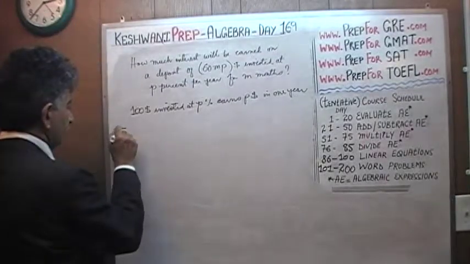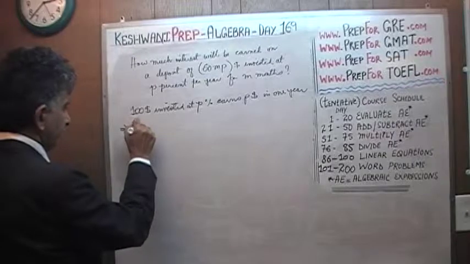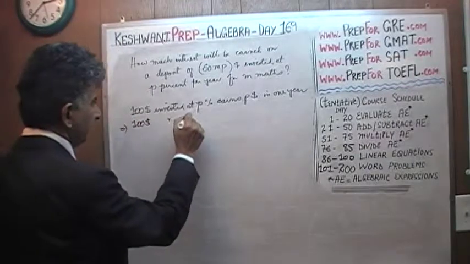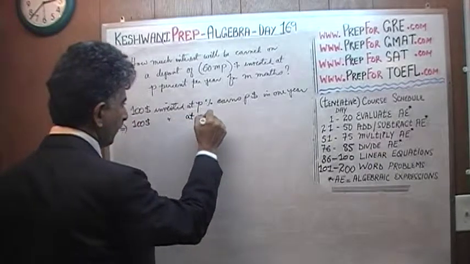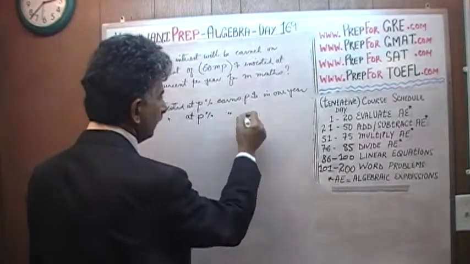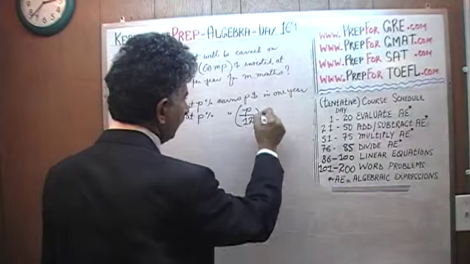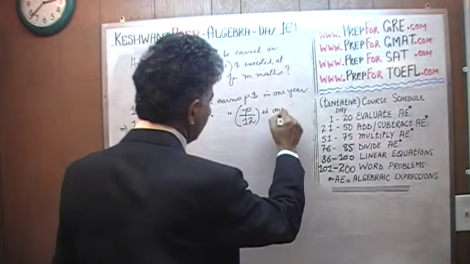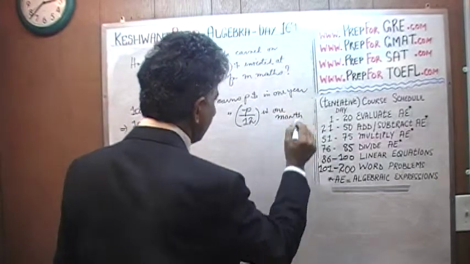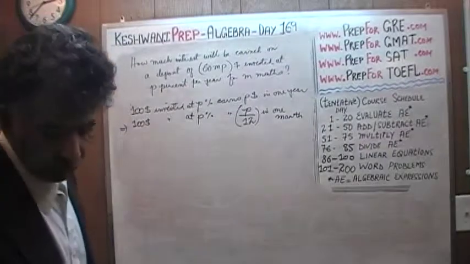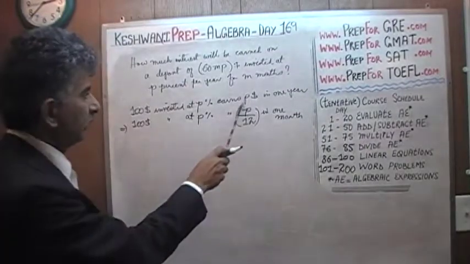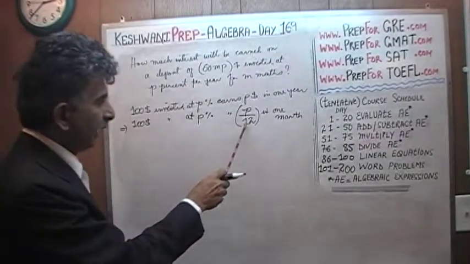That implies, if that is true, then $100 invested at P% should earn 1/12 of that amount in 1 month. Because there are 12 months in a year, so whatever amount that you're earning in interest for a year, you should earn 1/12 of that in 1 month.